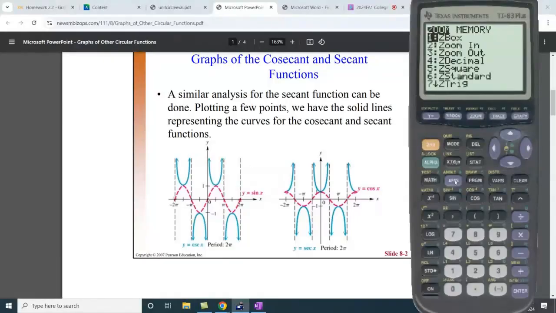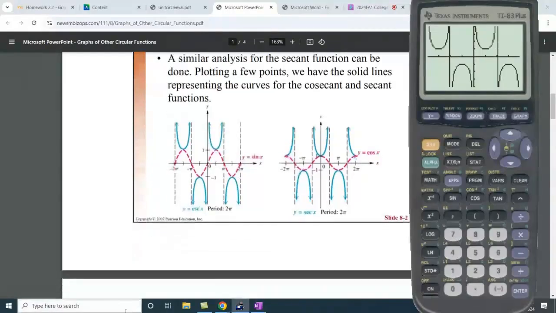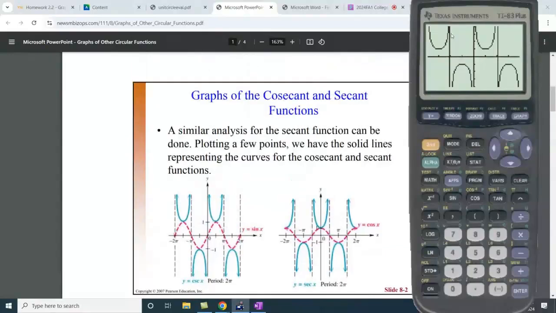I'm going to hit zoom 7. So notice zoom 7 is zoom trig. And this is what the graph looks like. So I just want to explain a couple things. On the calculator, the vertical lines that you see, that is not a part of the graph. This calculator is in what's called connected dot mode.